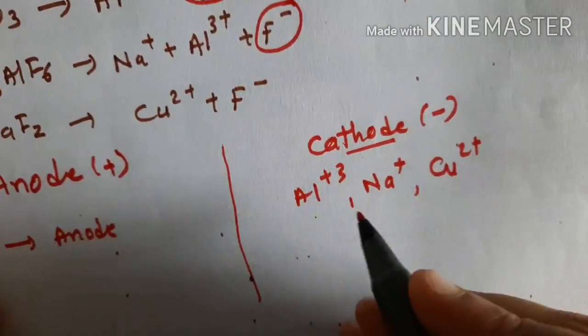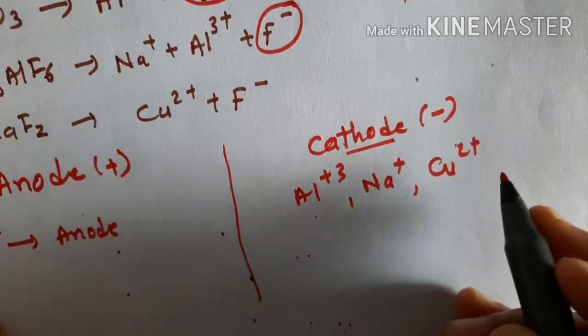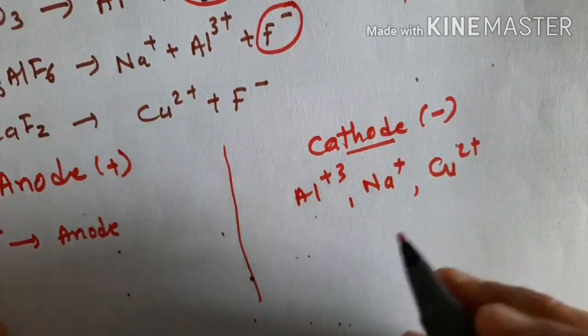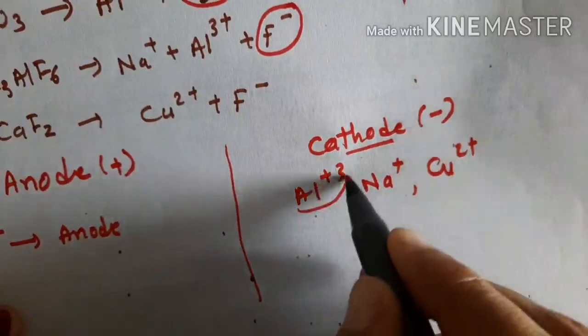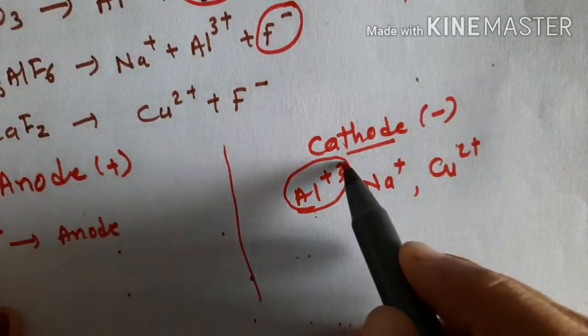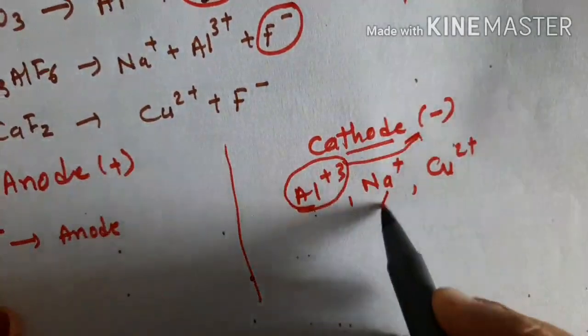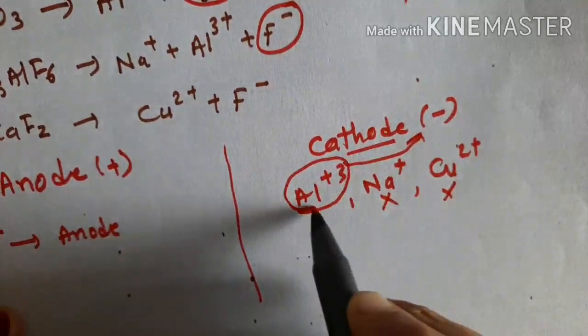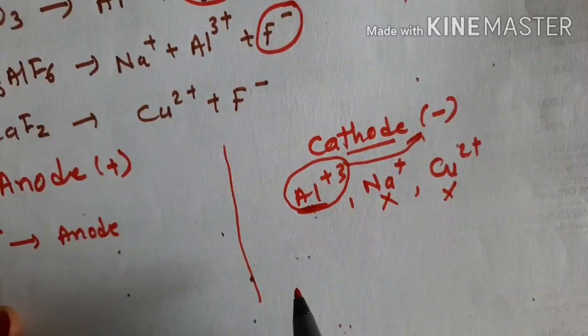If we see the electrochemical series or reactivity series of metals, which will come first? Aluminium. That is why on the cathode aluminium will be liberated. These two will not be liberated, because the reactivity of aluminium is more, as we learned.